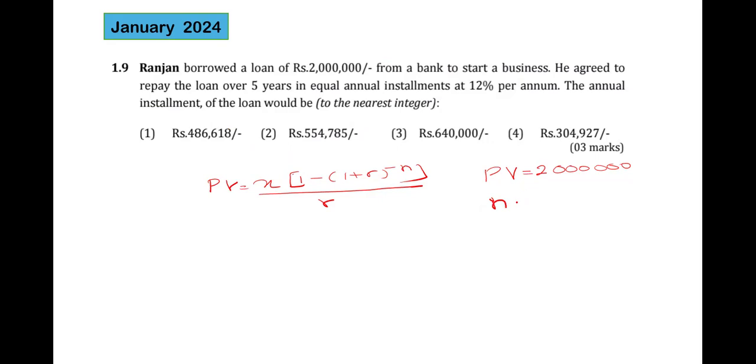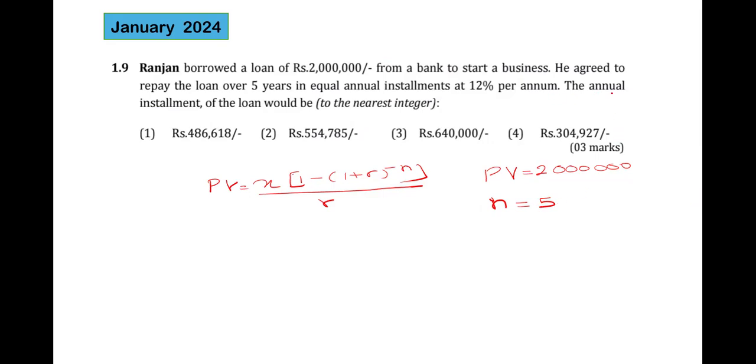N means not years; N means the number of installments. Here we take 5. What is the reason? The installment is also annual. They mention installment every year, paid every year, so it should be 5.